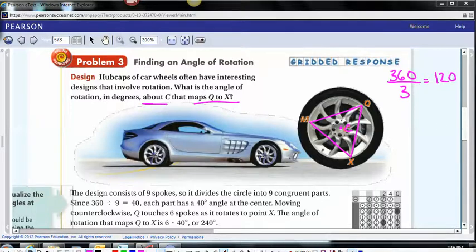So now to get from Q to M, how many degrees is that? Good. From there to there is 120 degrees. So you're going Q to M to X. Bring it here, Carlos.